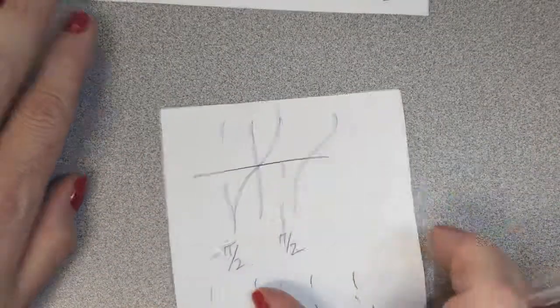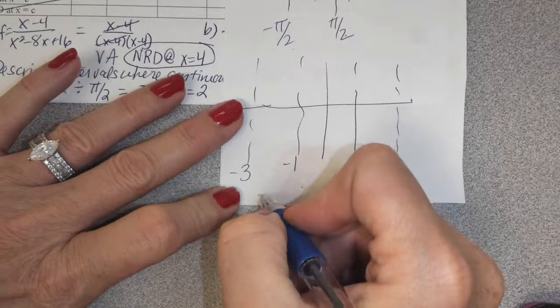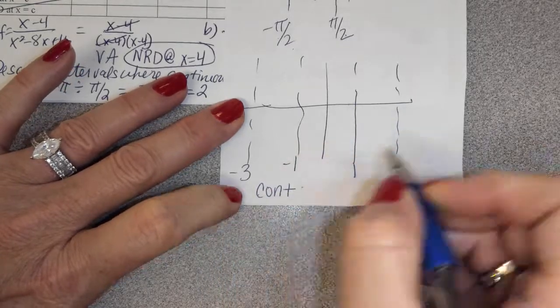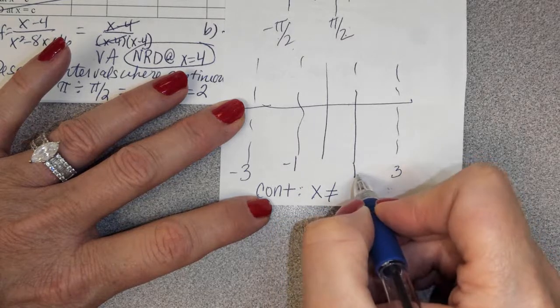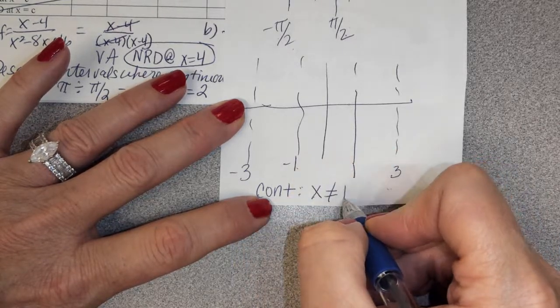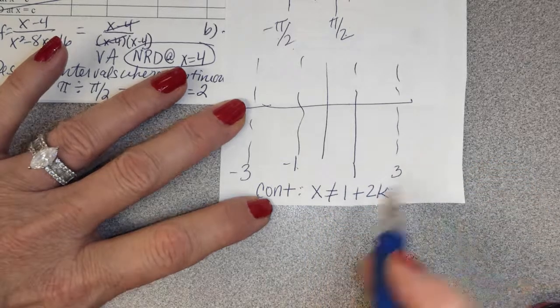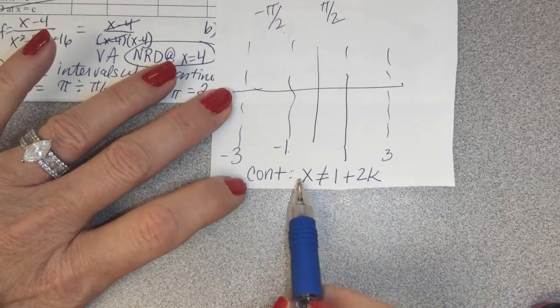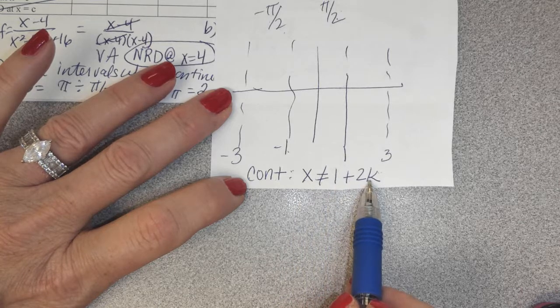So the way I would write the intervals where it's continuous, it's going to be continuous if x is not equal to, I can choose 1 or negative 1, 1 plus 2k, where k is an integer. It's going to be continuous as long as x is not equal to 1 plus 2k.